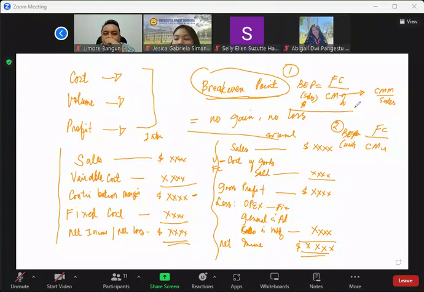This chapter 7 will help you analyze how much you are going to sell to generate a certain amount of revenue, and also how to generate a certain amount of income after tax.